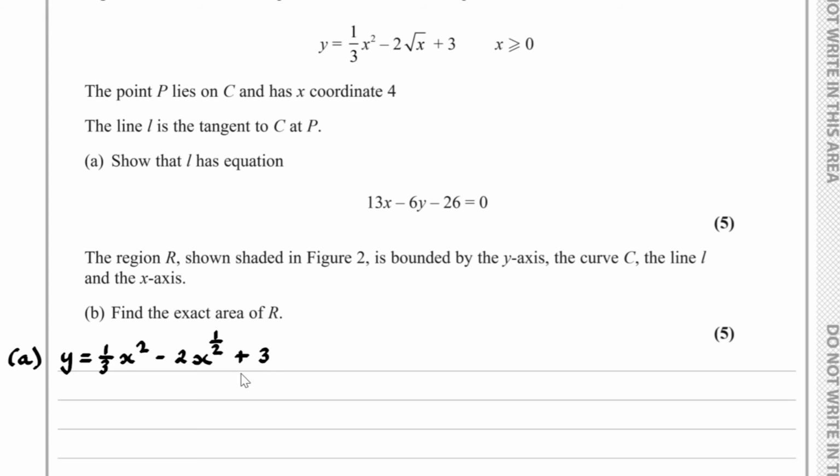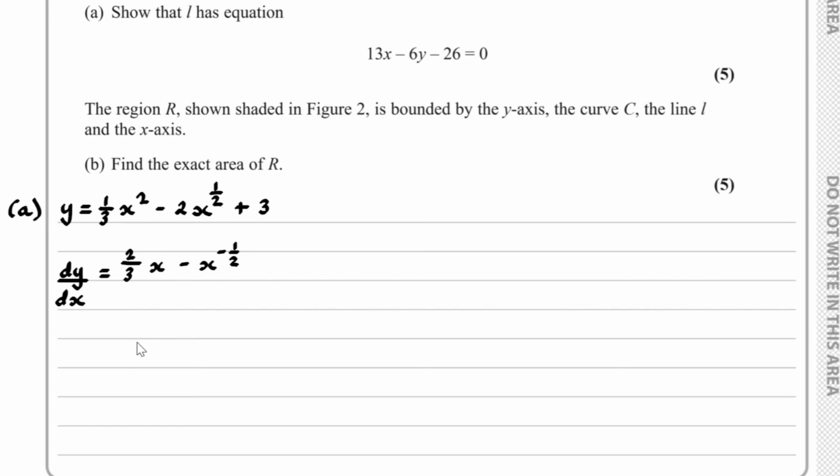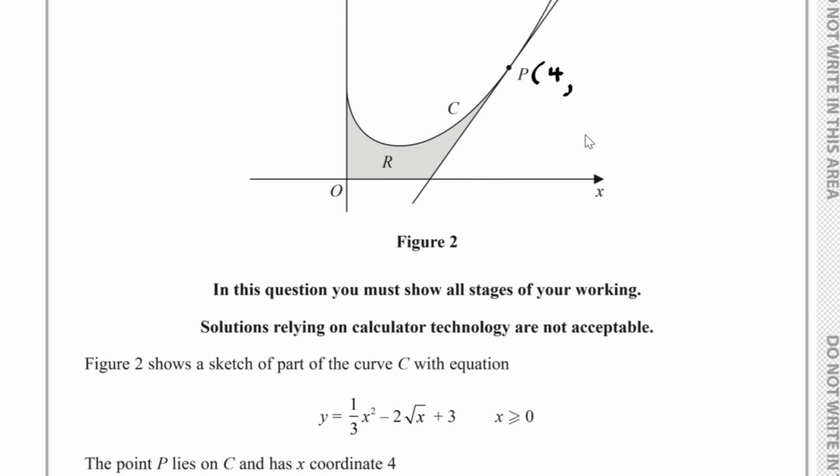The reason I am doing this is because it will be easier to differentiate. dy over dx, if I differentiate, we end up with 2 over 3 x subtract x to the power of negative 1/2.